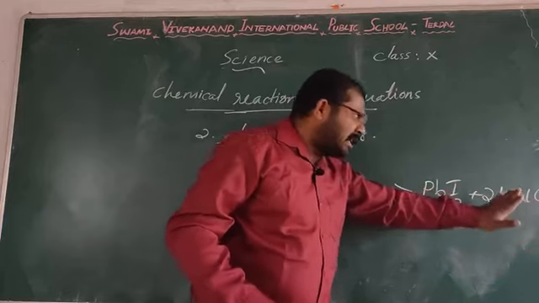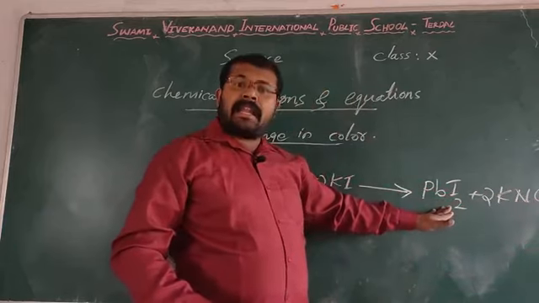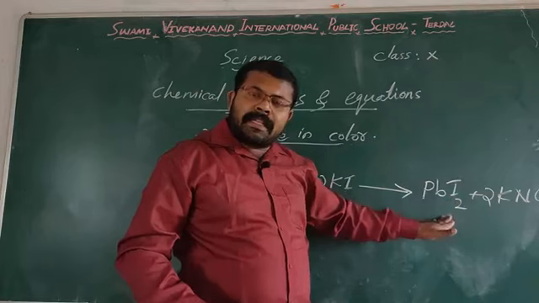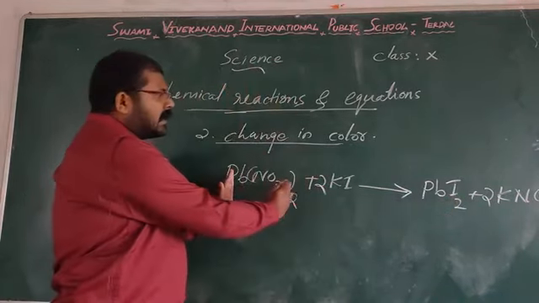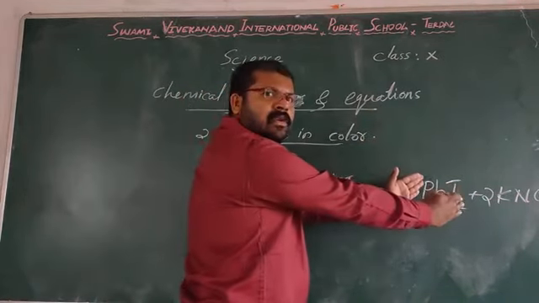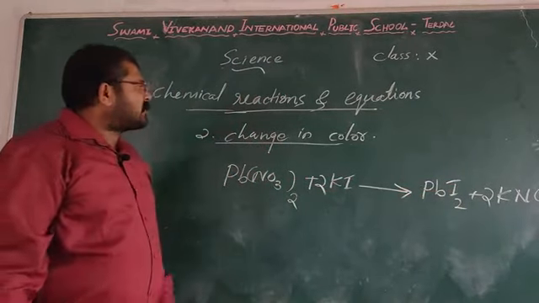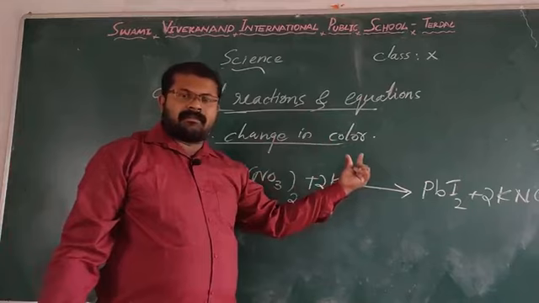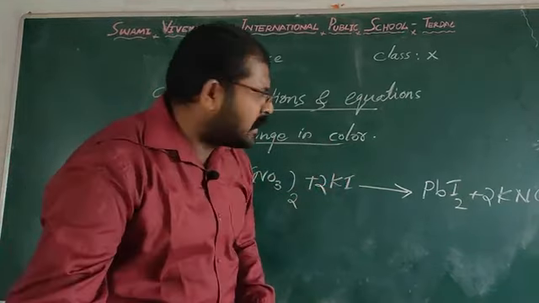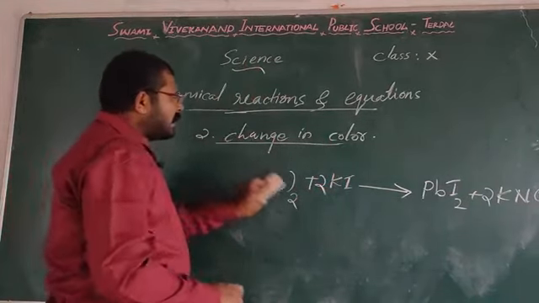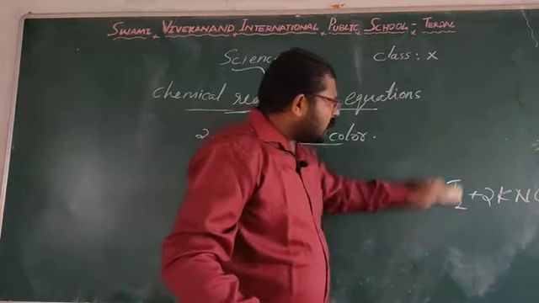Potassium nitrate is colorless, but lead iodide precipitates and is yellowish in color. So you can see colorless substances are changed into a colored substance. That is change in color.